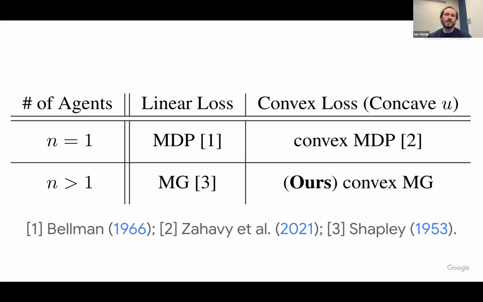You can also think about these under a different framework of occupancy measures as having linear loss functions for agents. If you replace that linear loss function with a convex loss function, you now have what are being called convex MDPs, although these have a long history too.